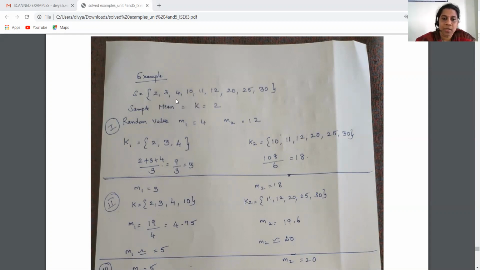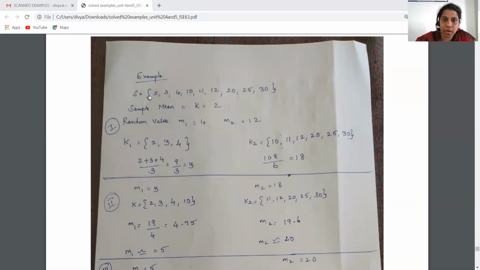Now when k is equal to 2, we can take two data points as means. So arbitrarily I'm taking random values. m1 is the mean value of the first cluster. We are taking it as 4, and m2 is equal to 12, the mean value or centroid of the second cluster.